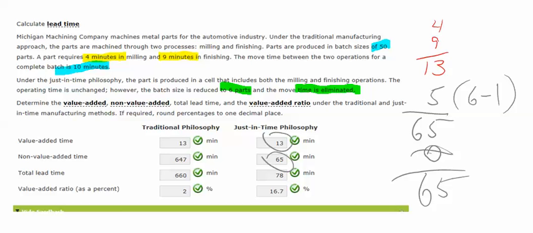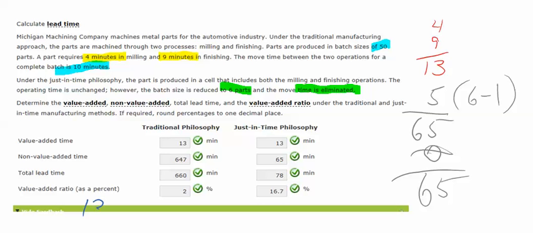My value added time is still 13. My total between these two, if I add them together, is 78. So 13 plus 65 is 78 minutes. That's my total lead time. I can then make the calculation as a percentage of value added time to the total lead time.